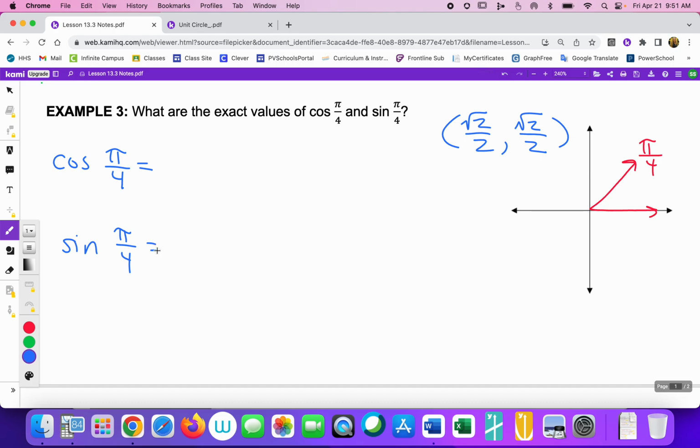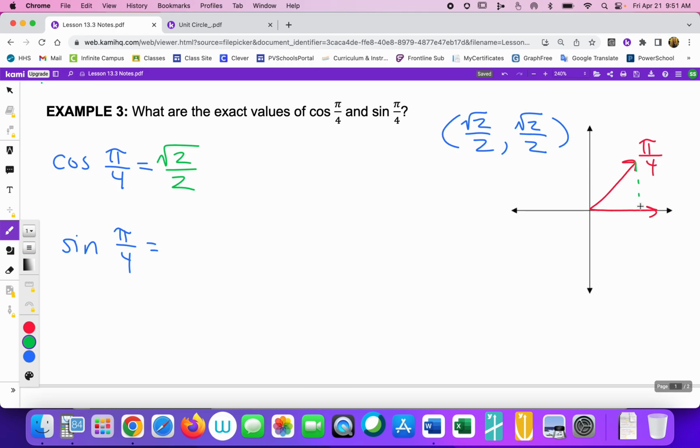How do we find the cosine of a point on the unit circle as fast as possible? It's the x-coordinate. Now they're both the same, so 45 degrees is one of the easiest ones. So the x-coordinate is rad 2 over 2. Now if you did the triangle, which some of you are doing, which is fine, it's the adjacent side, which is rad 2 over 2, over 1, which is still rad 2 over 2.